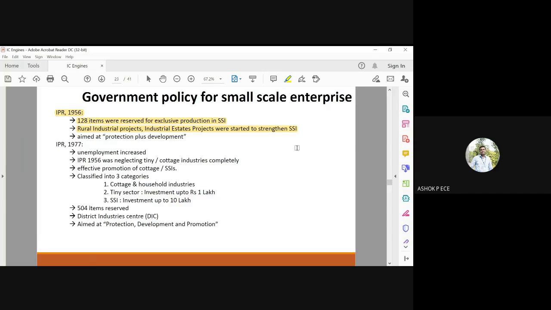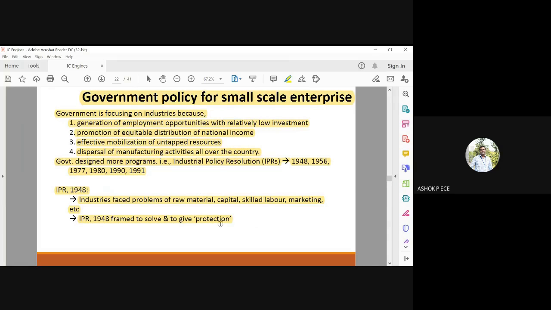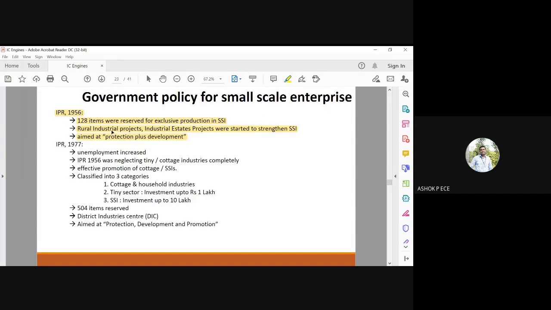For that purpose, rural industrial projects were started, and industrial estates were formed in the cities to promote the SSI. Many were motivated and started investing in these industrial estates and setting up their business. 1948 was only for protection, but 1956 aimed at protection plus development. So development-oriented protection was the focus of 1956.